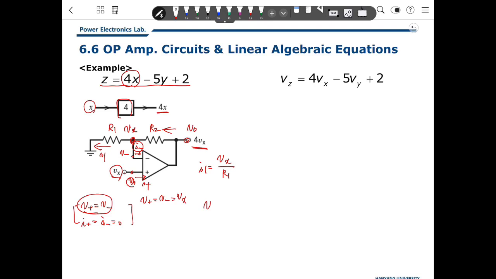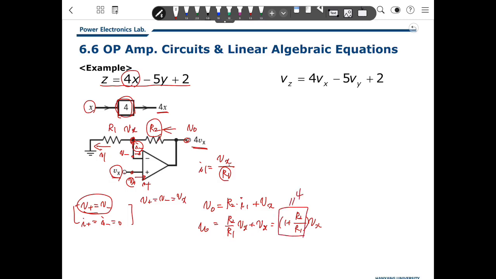So this is V out. V out is R2 times I1 plus Vx. So R2 over R1 times Vx plus Vx, which is 1 plus R2 over R1, times Vx. This is the V out. To implement this, the gain should amplify by 4.